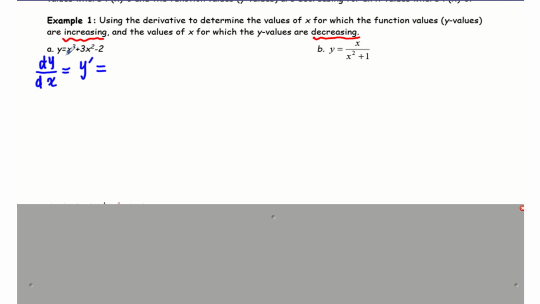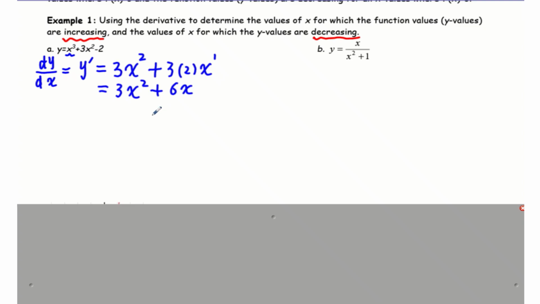For x cubed, bring the degree 3 to the front, then degree minus 1. Then for the 3x squared term, bring the 2 to the front, then degree minus 1, so 2 minus 1 is 1. For the constant, x to the exponent 0, bring 0 to the front, it will be 0, so there is no constant term. So we get 3x squared plus 6x.